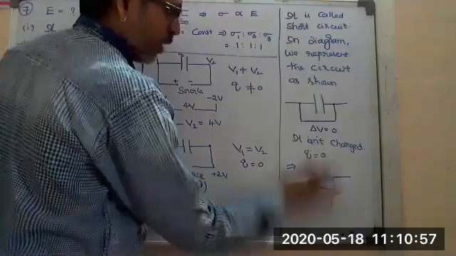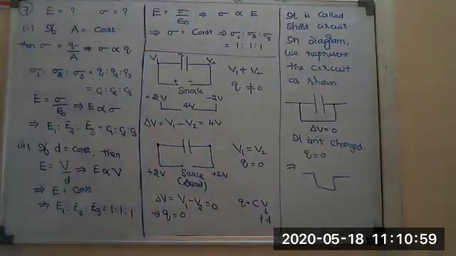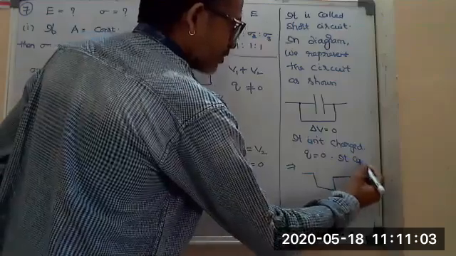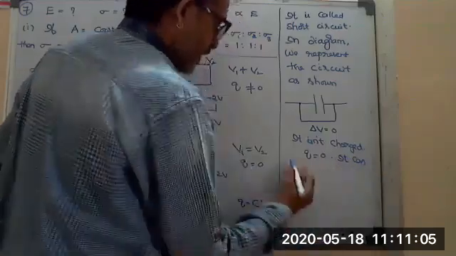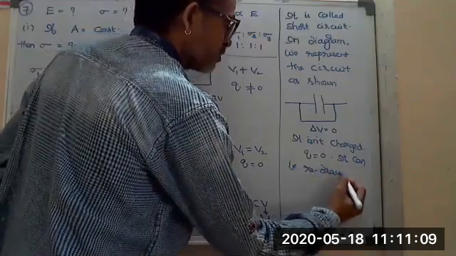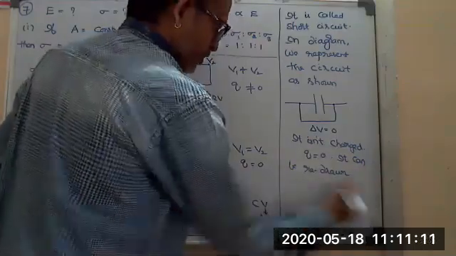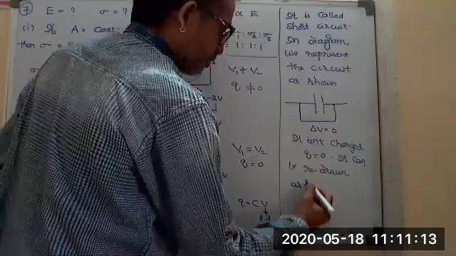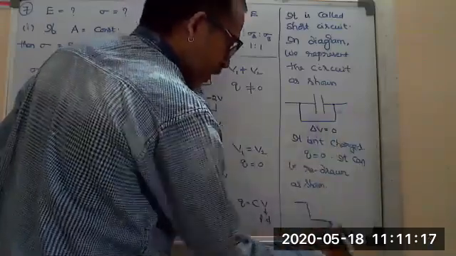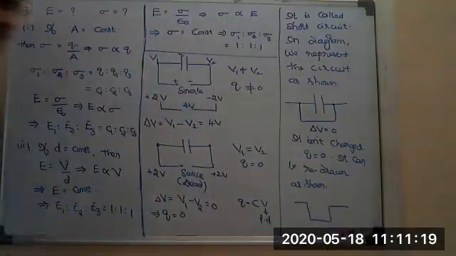Straight away you can take it as like this one, without the capacitor. Okay, so it can be redrawn like this, as shown. Look at the above circuit and the below circuit. What is the difference?